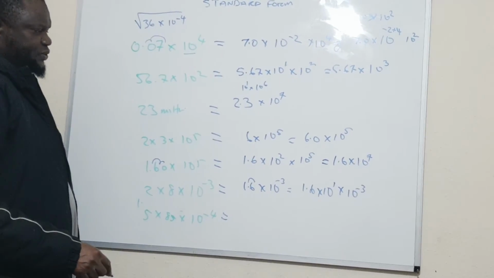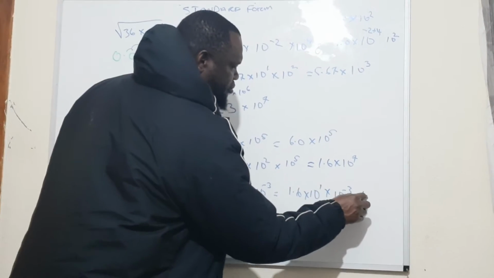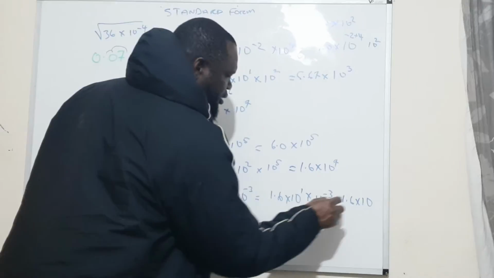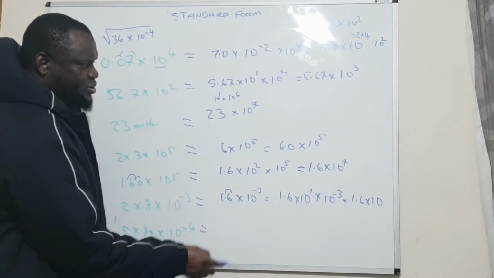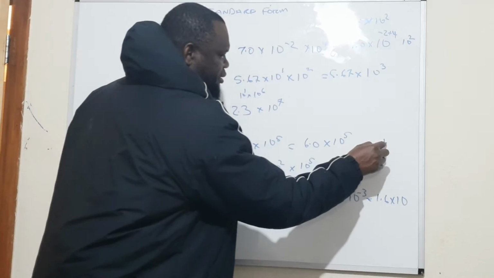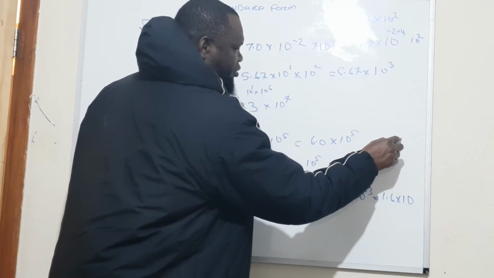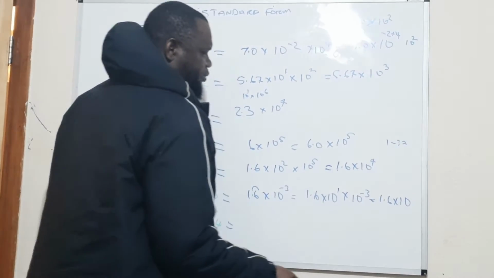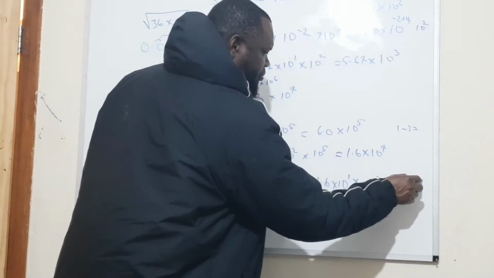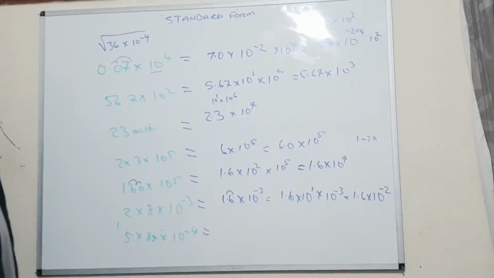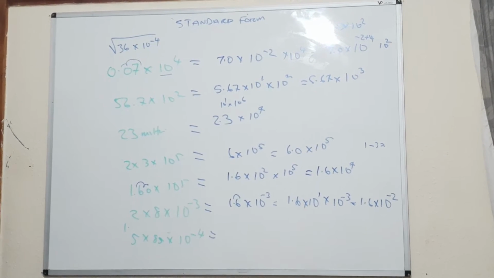When we multiply, we add. So 1 plus 1 minus 3 is equal to minus 2. So this is 1.6 times 10 to the power minus 2. Do you guys understand?